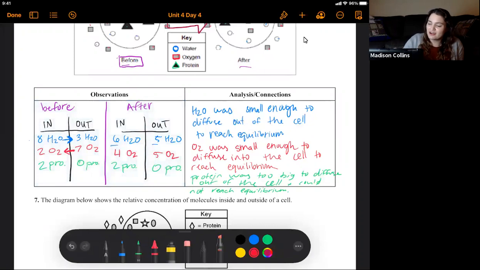I've also written that oxygen was small enough to diffuse into the cell to reach equilibrium because again, we ended with an even amount on both sides of the membrane. But I've also written that protein was too big to diffuse out of the cell and could not reach equilibrium because we started and we ended with the same amount of protein inside the cell. It could not leave to achieve that equilibrium or that balance of molecules.